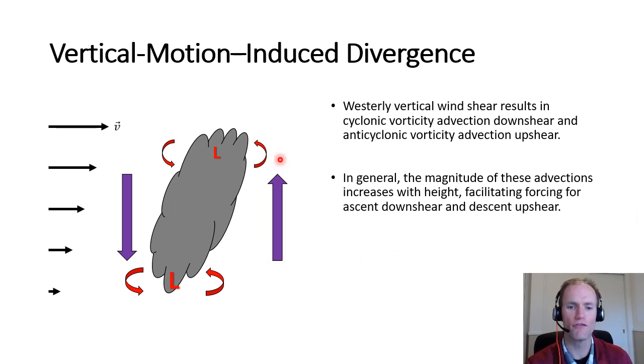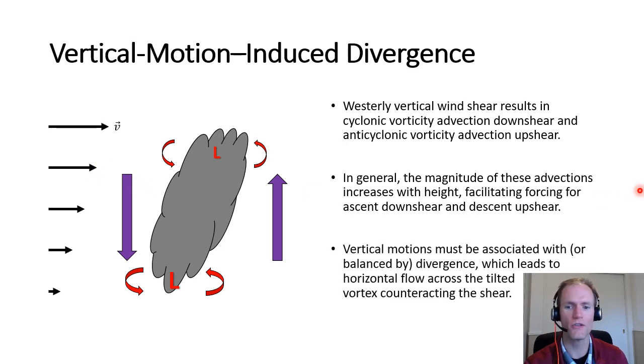But of course, if we have rising motion here and sinking motion here, we need air to flow away from where the air is sinking at low levels and into where the air is rising at low levels. And the opposite is true here at upper levels. We need air to flow away from where there is ascent at upper levels, and toward where there is descent at upper levels.